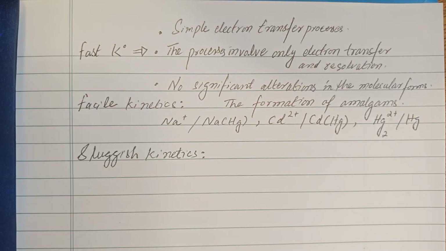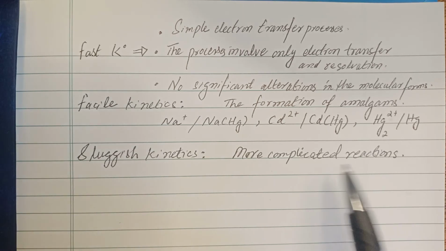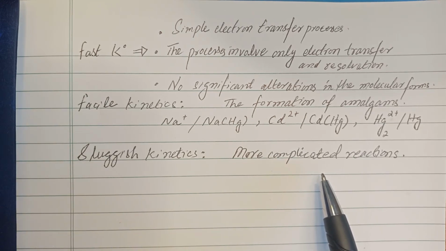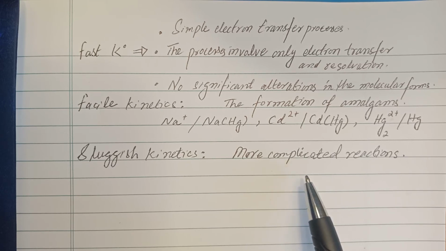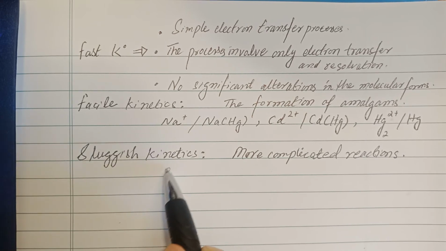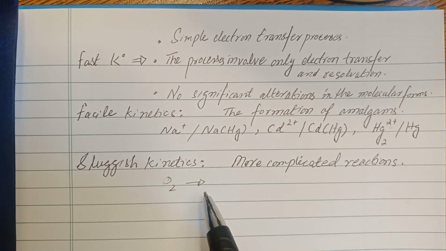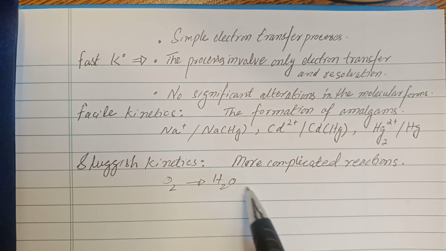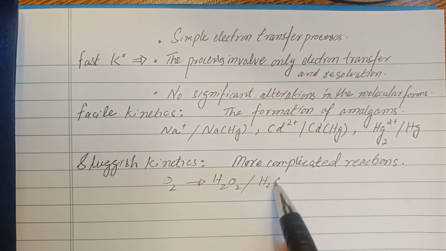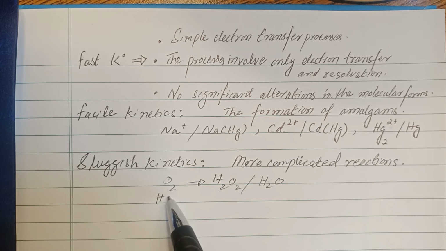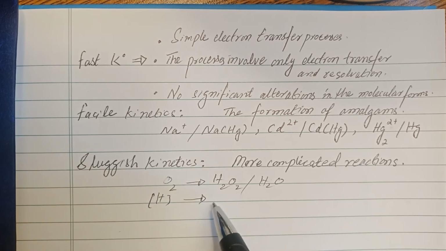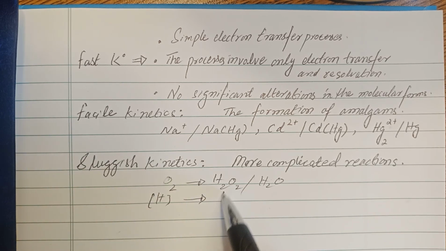The sluggish kinetics involve small values of standard rate constant, involving more complicated reactions with significant molecular rearrangement upon electron transfer, such as reduction of molecular oxygen to hydrogen peroxide or water, or the reduction of the proton to molecular hydrogen.